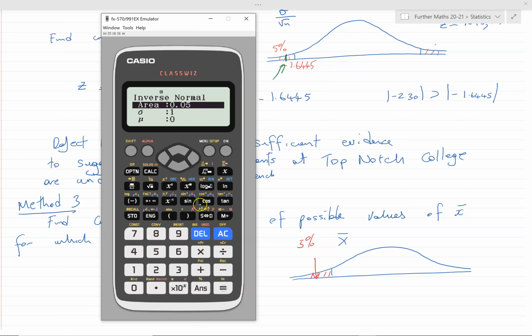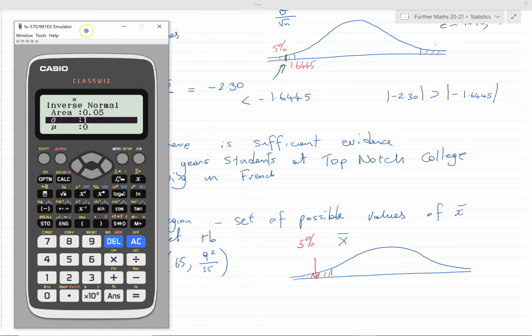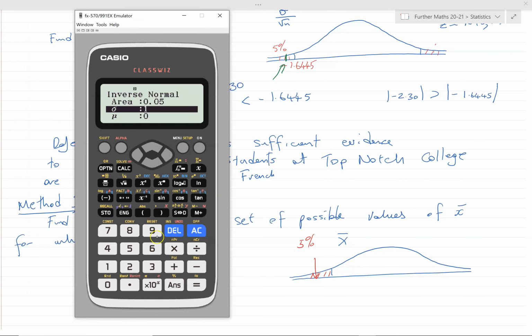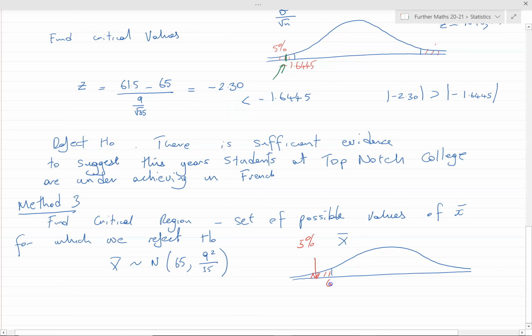But we're actually working with our standard error here, which is 9 over the square root of 35, and our mean is the mean under the null hypothesis, 65. So that's 62.5 to 3 significant figures. So any numbers below 62.5 we're going to reject.